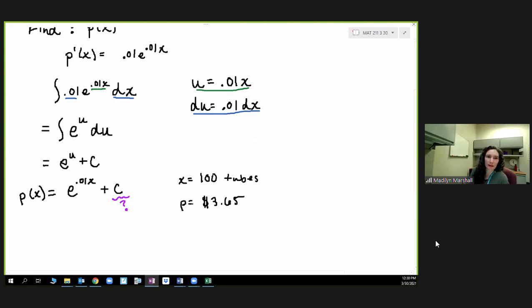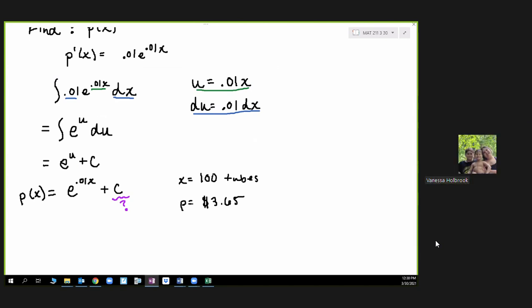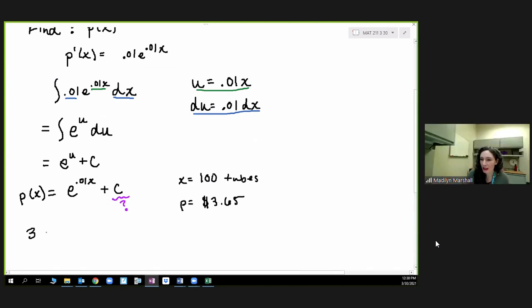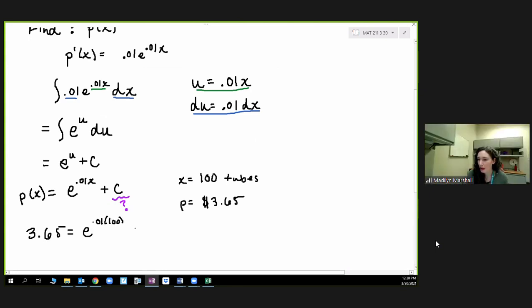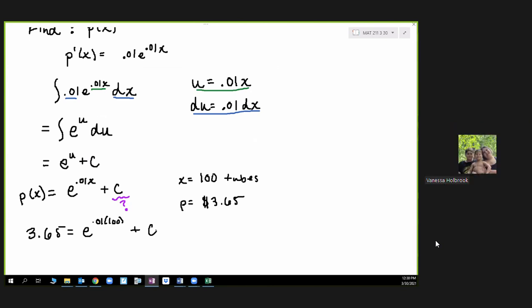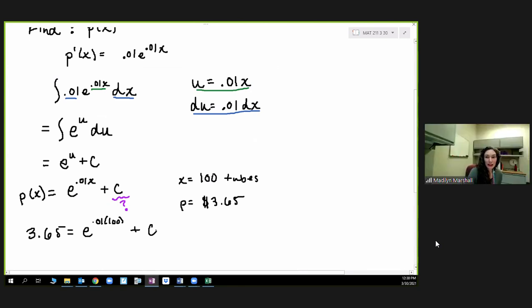It's an XY pair, but our Y is P. So this statement is saying that when the price is $3.65, we're going to be producing 100 tubes of toothpaste, and we can figure out C based on that. So we're being given conditions that allow us to make an equation where C is the only variable, and now we can solve for C.